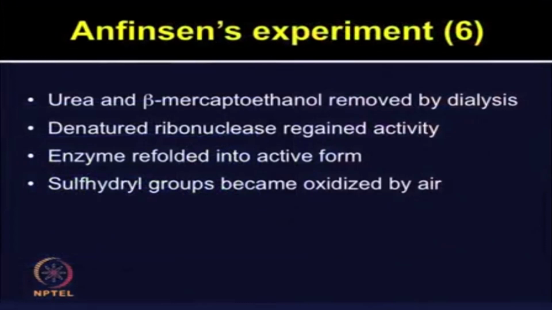So, in Anfinsen's experiment, he removed urea and beta mercaptoethanol by the dialysis process. The denatured ribonuclease regained its enzyme activity. The enzyme was refolded into the active form, and the sulfhydryl groups became oxidized in the presence of air.